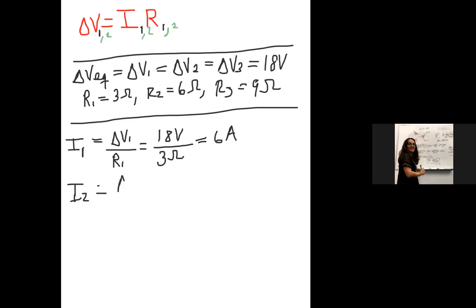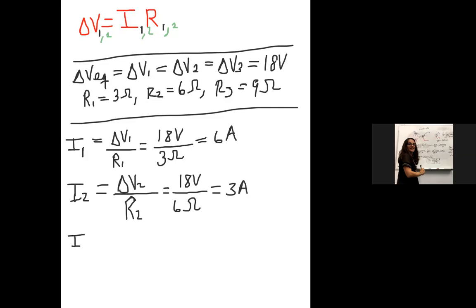What happens with the second resistor? Well, that is delta V2 over R2. So 18 volts over 6 ohms, and this only has 3 amps.